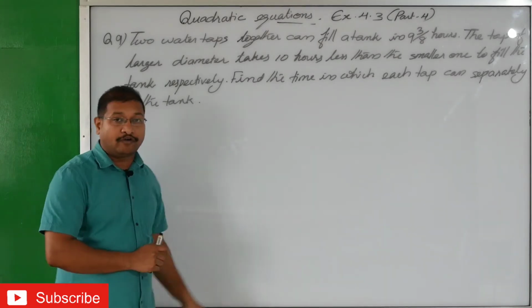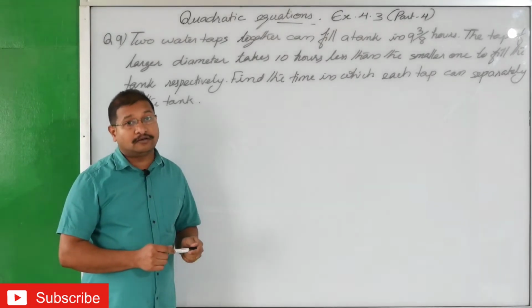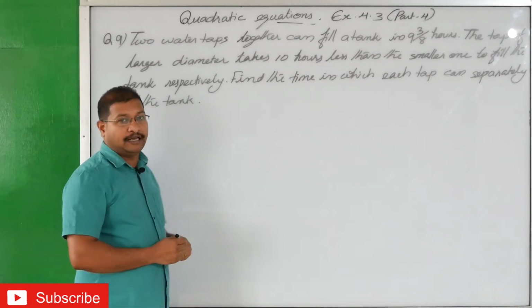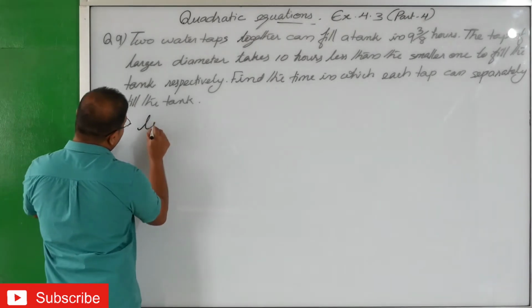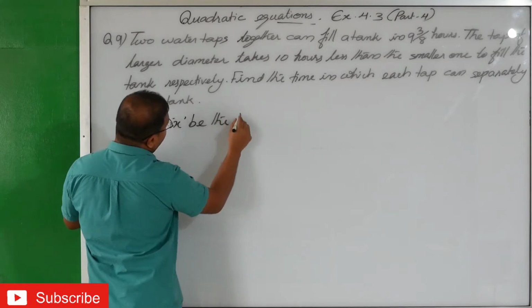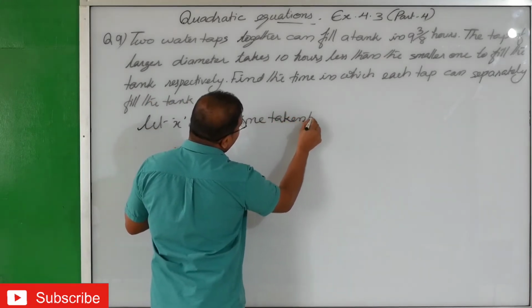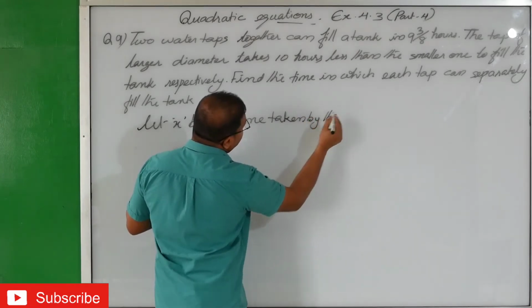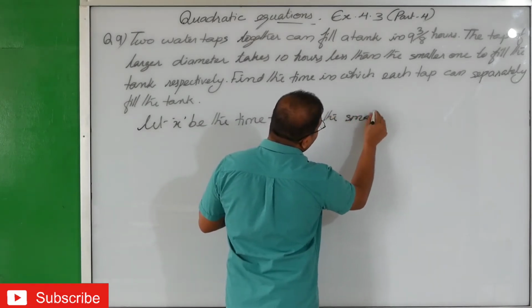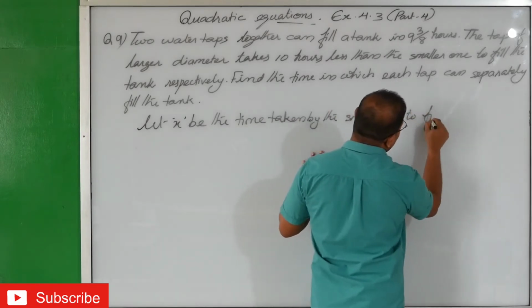That means we'll write first, let x be the time taken by the small tap to fill the tank.